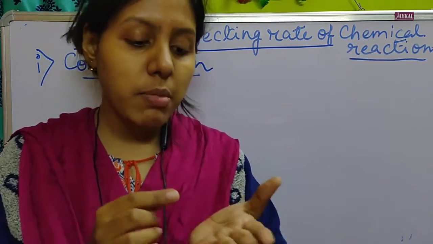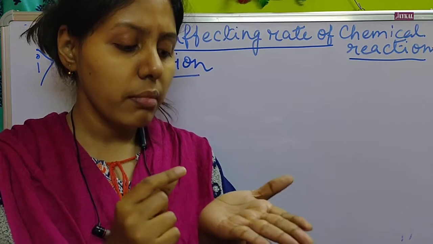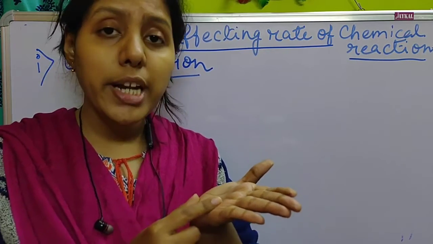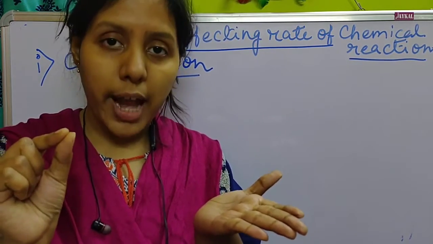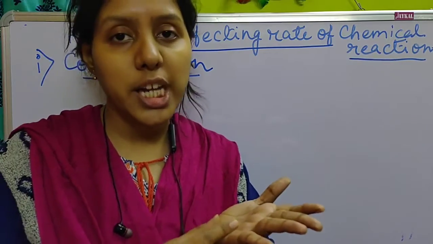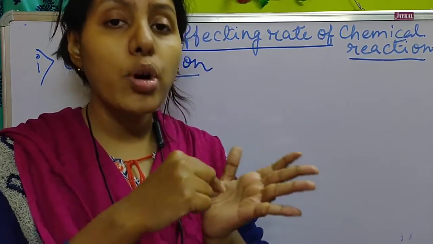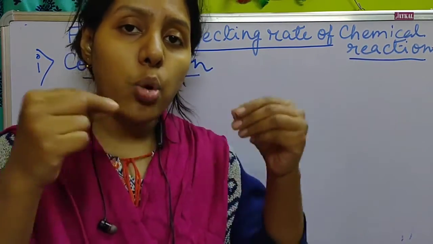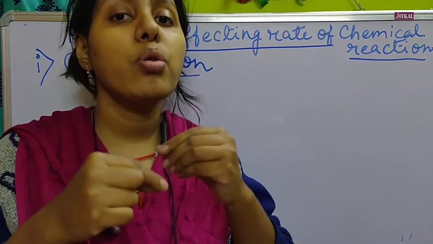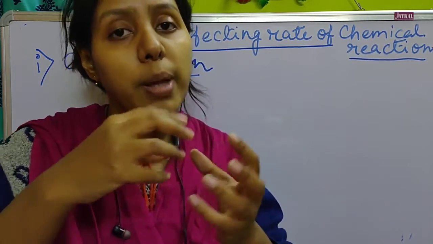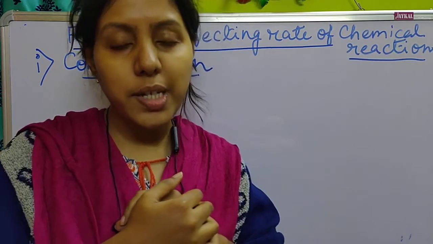of the reaction. That means if we calculate the rate per unit time, per second, the more molecules colliding with each other, the more will be the concentration of the product formed, right?